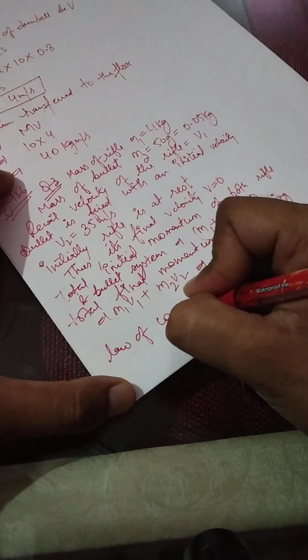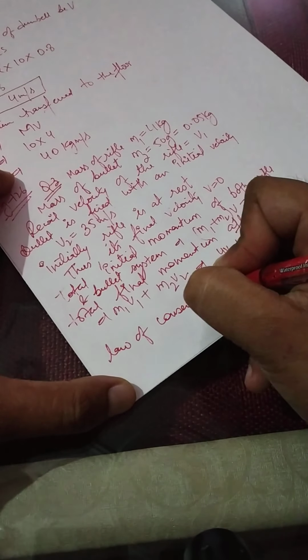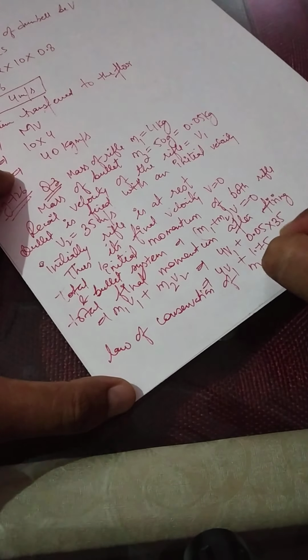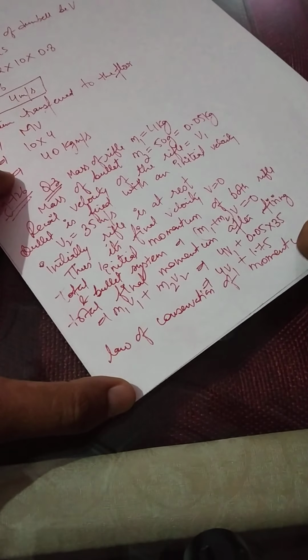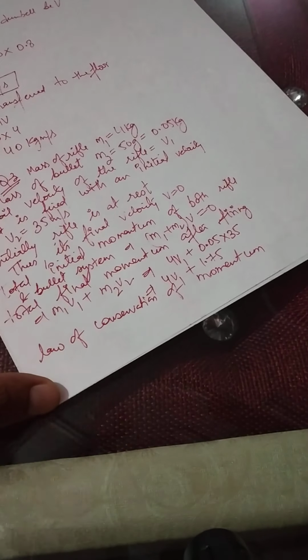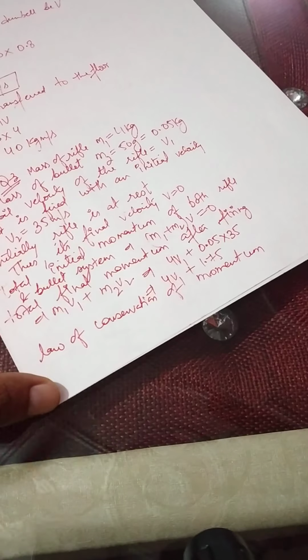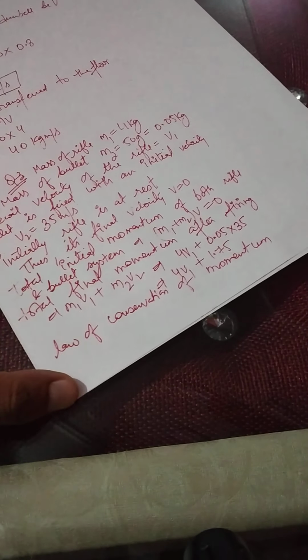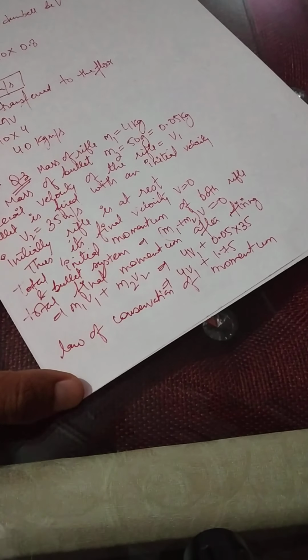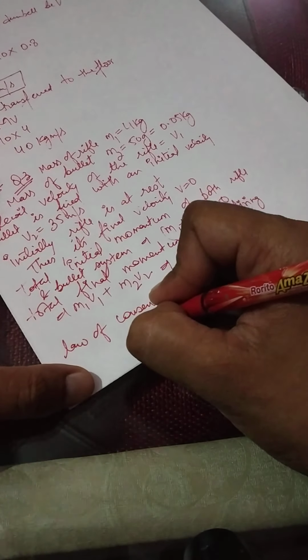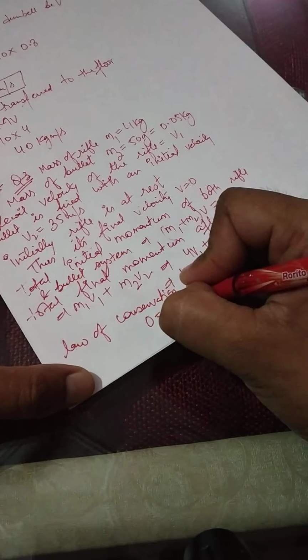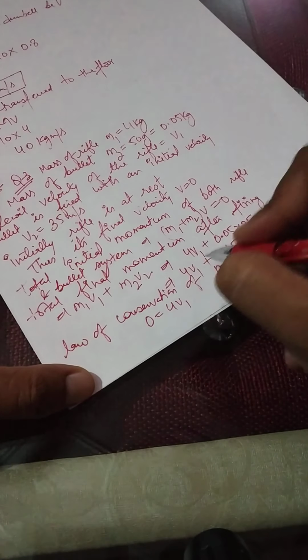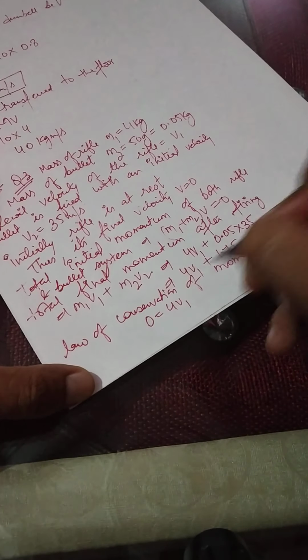law of conservation of momentum. According to the law of conservation of momentum, the total momentum before impact is equal to the total momentum after impact. Since total momentum before impact is 0, we have 0 equals 4v1 plus 1.75.